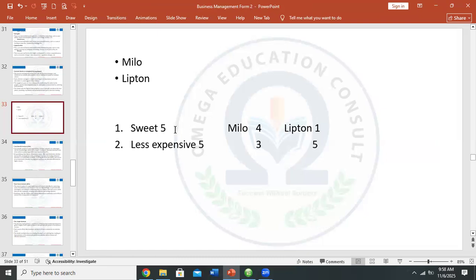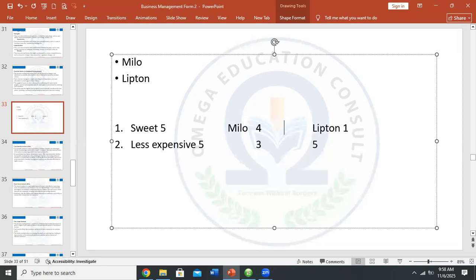So 4 times 5 will give us 20 for Milo in terms of sweetness, while Leptin will score 1 times 5, which is 5. And for less expensive, Milo is 3. So we multiply, we get 15. And then Leptin will get 5 times 5, 25.